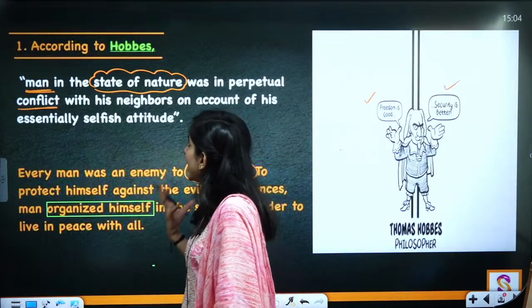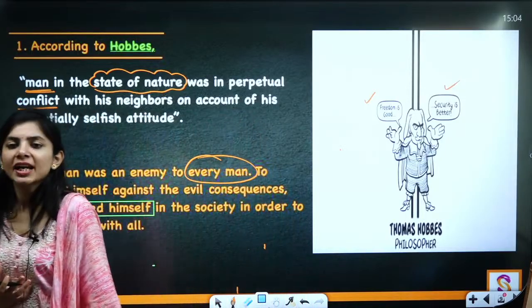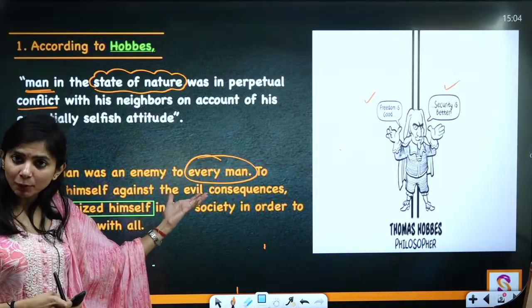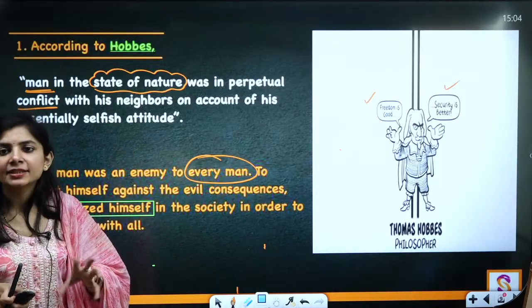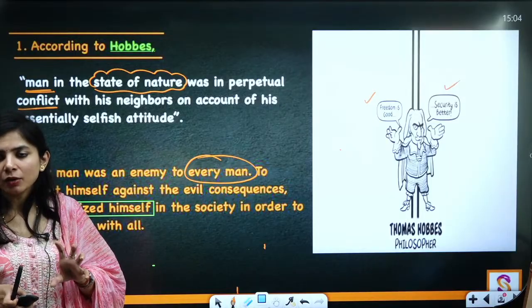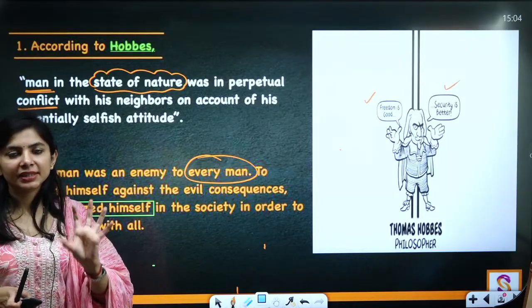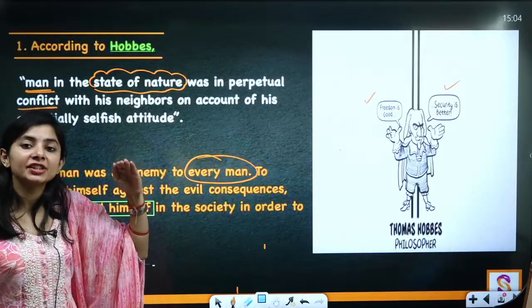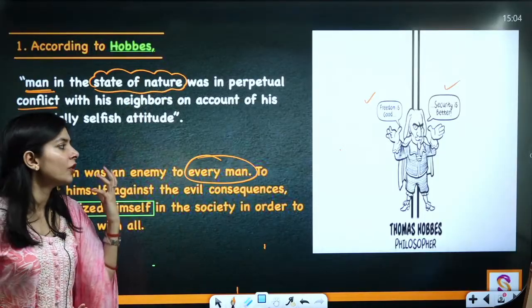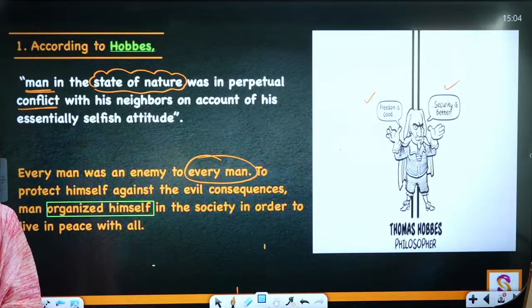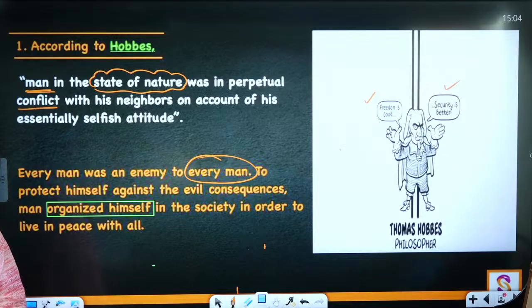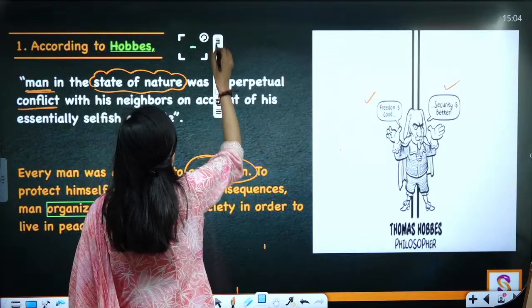And therefore, as explained by Thomas Hobbes, this feeling of being oppressed or left out fueled the intention of creating society, and it leads to the formation of society. So this is what he had explained, and he explained it in his book Leviathan.